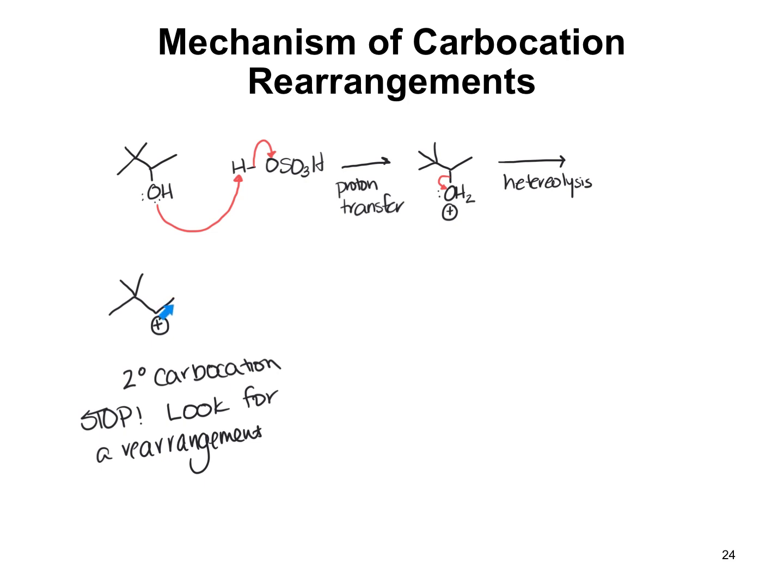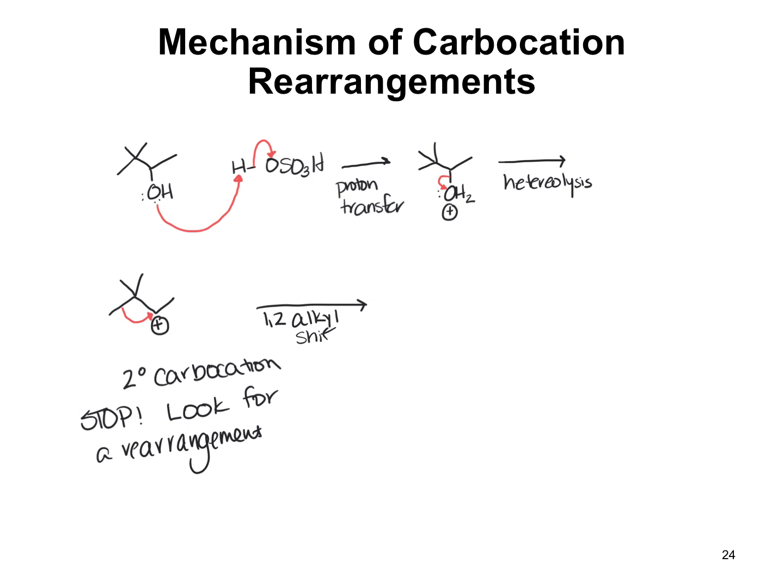Well, no, because if it shifts here, it gives us a primary. So could something over here shift? There's no hydrogens, but there sure as heck is an alkyl group there. So what happens then is we have to recognize and say, hey, look, this alkyl group, we're going to see a shift right there. And so we see a 1,2 alkyl shift.